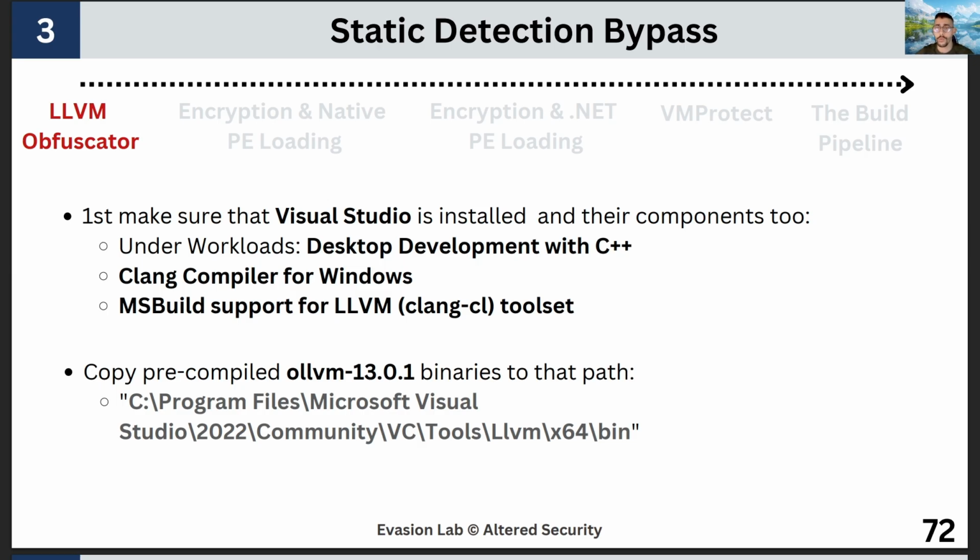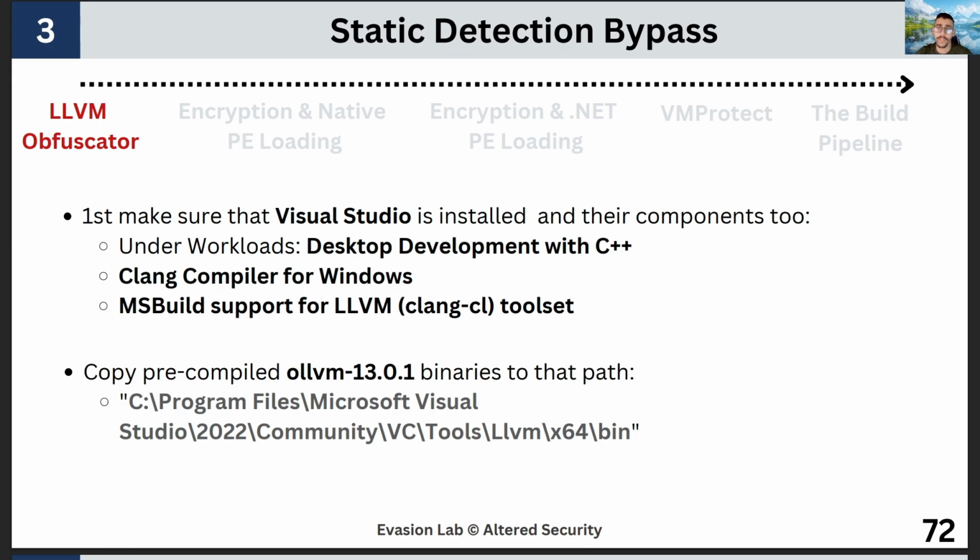So now, to use the obfuscator LLVM within Visual Studio, we have to follow these steps. Before setting up LLVM, ensure that Visual Studio is installed along with these components. First of all, download and install Visual Studio, preferably 2022, if not installed, from the Visual Studio official site.